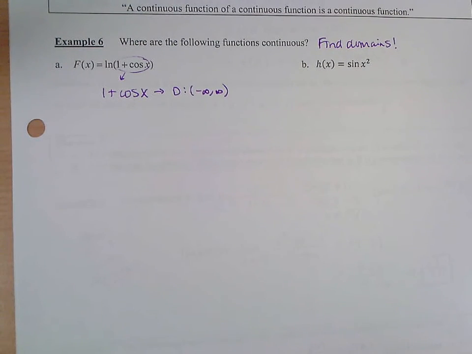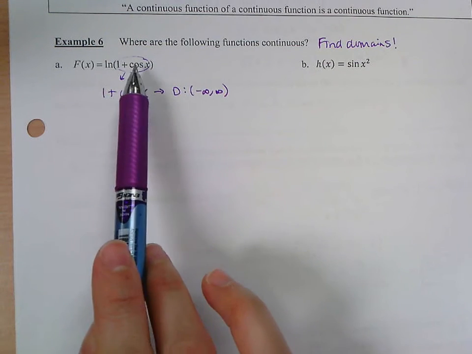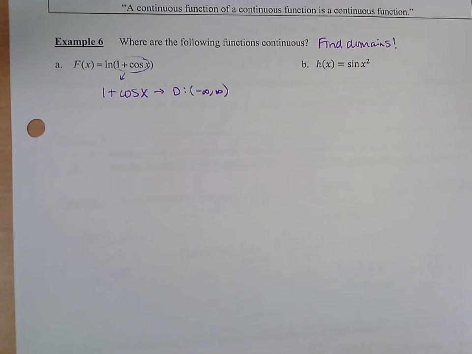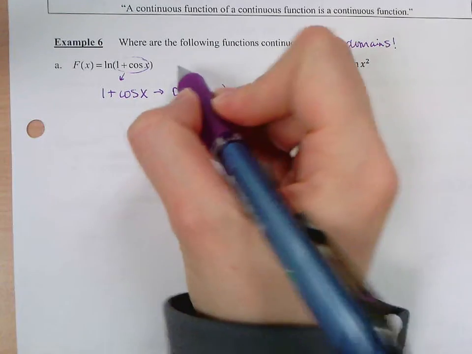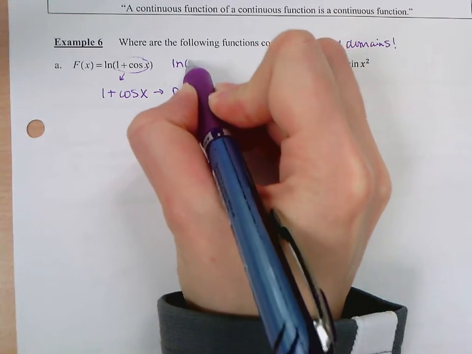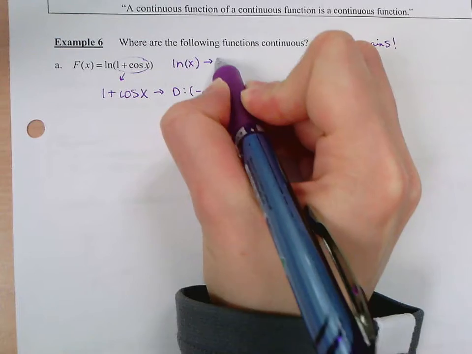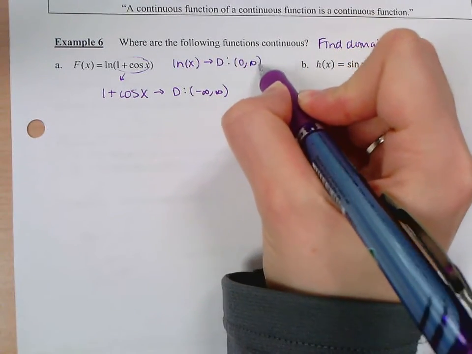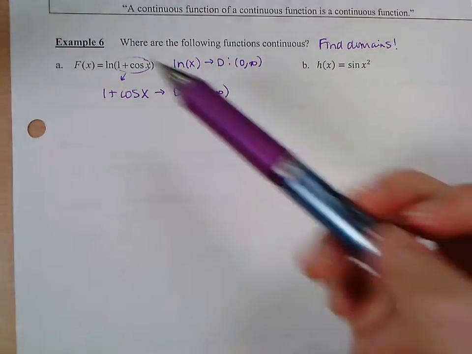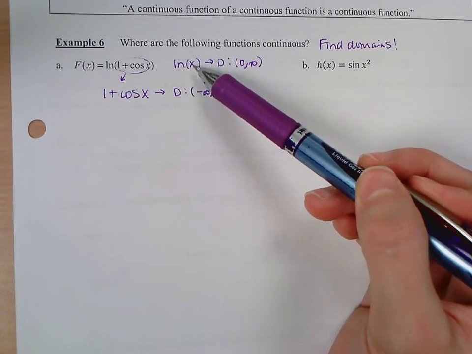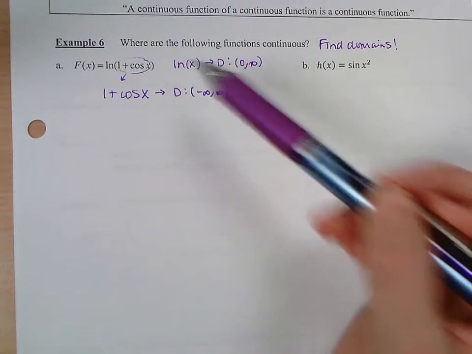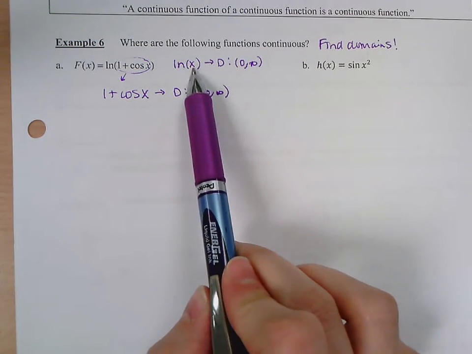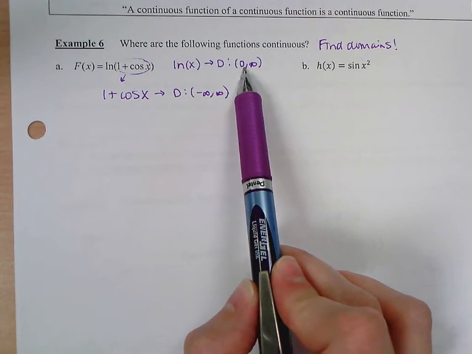So first look at your inside function. Are there any restrictions on the inside? In this case, there are not. Then I am taking natural log of 1 plus cosine of x. If I just had natural log of x, what is that domain? 0 to infinity. So that means whatever you substitute into a logarithmic function, not just natural log, but any logarithmic function, whatever is substituted inside must be greater than 0.